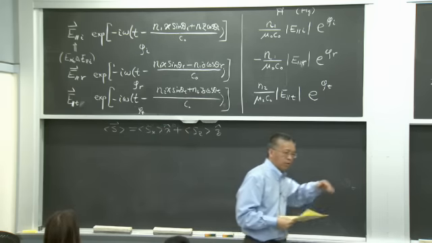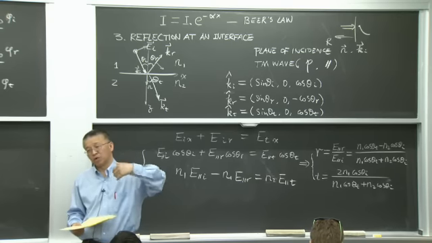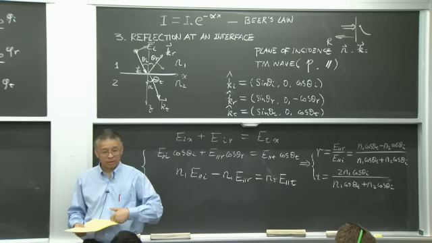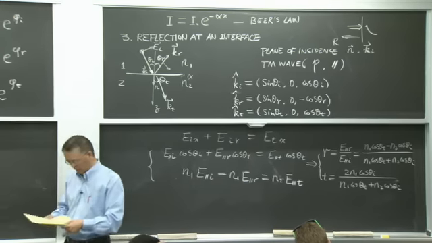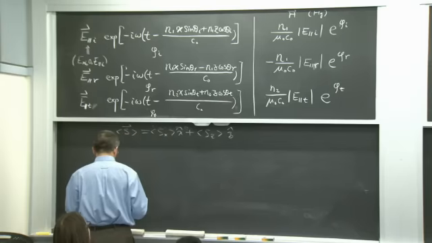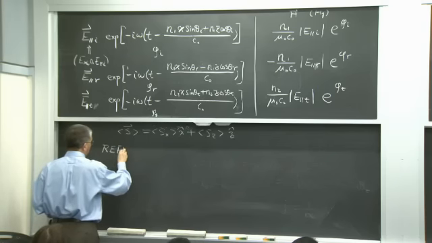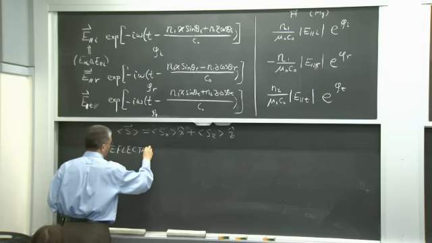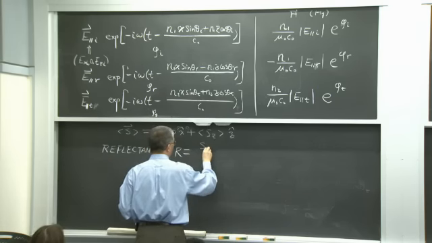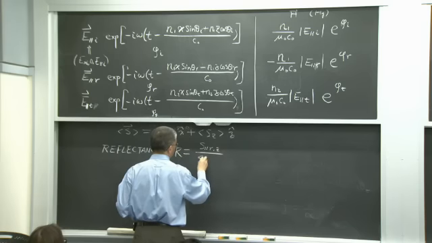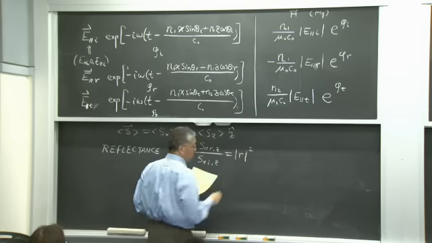And what you really care about when you go through an interface, at least if you look at transport in the interface direction, is the component in the z direction. That's the energy flux going across the interface, right? So if you check your Poynting vector, we will define reflectance R equals parallel in the z direction, reflected over incident in the z direction, and you see it's just the reflection coefficient squared.